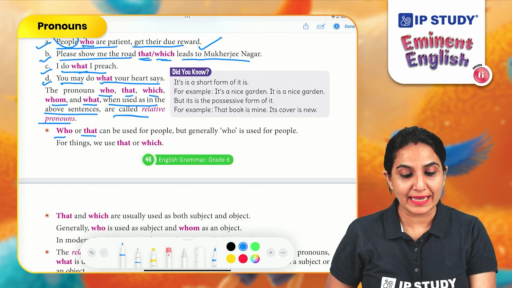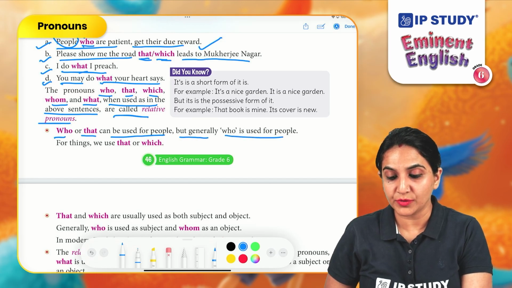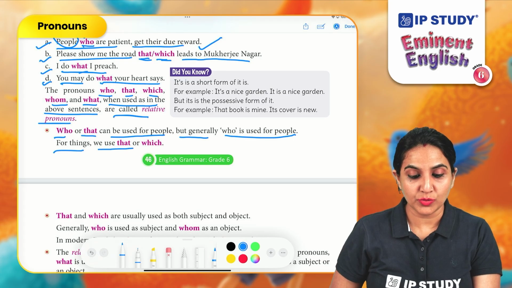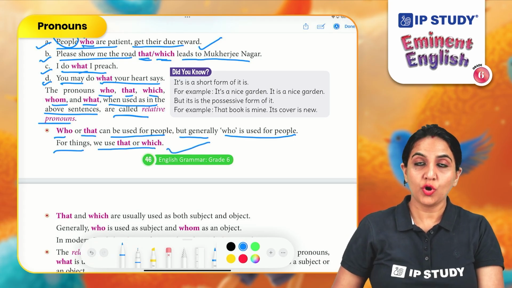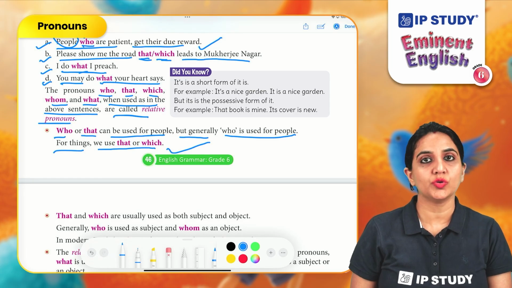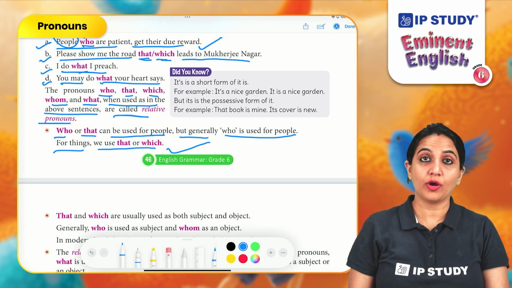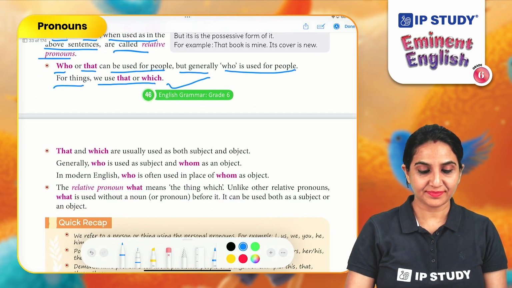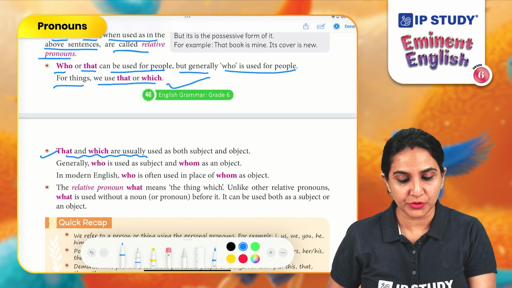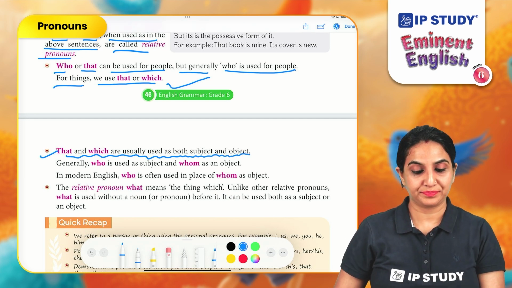Who or that can be used for people, but generally who is used for people. For things, we use that or which. That and which are usually used both as subject and object.